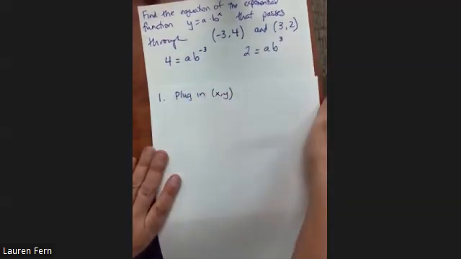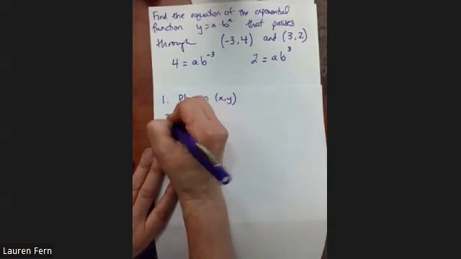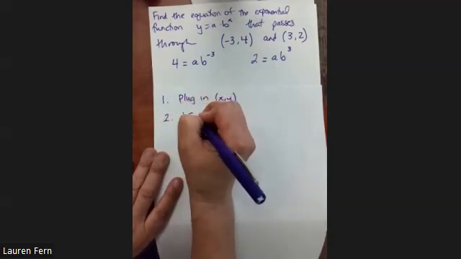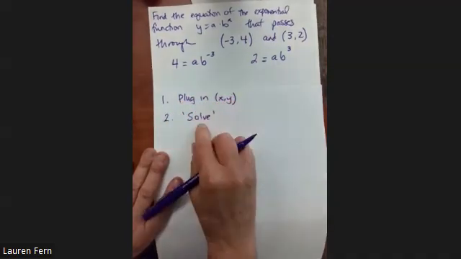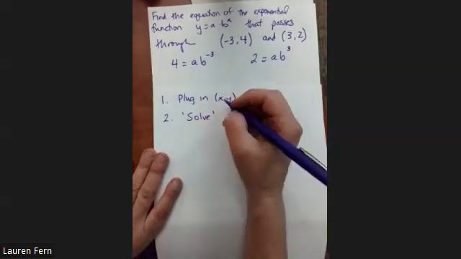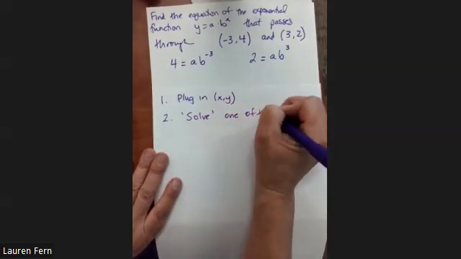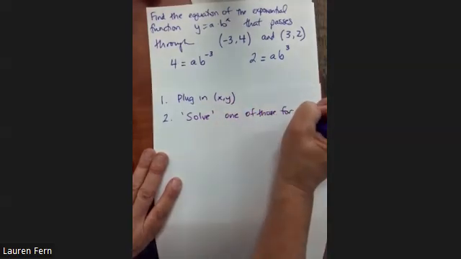Do you agree we did that? Okay. Now I'm going to tell you to "solve," in quotes, because we're not going to get an actual value. One of those for A.